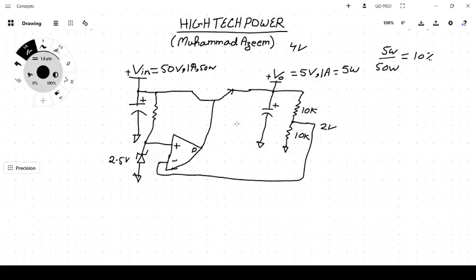So this is how the op amp behaves and regulates the output voltage.